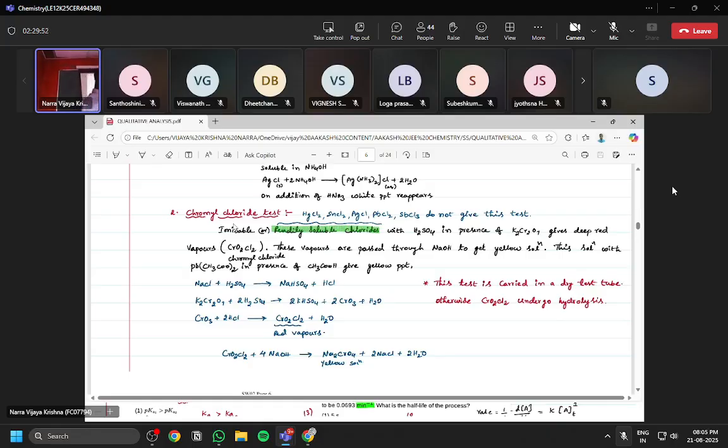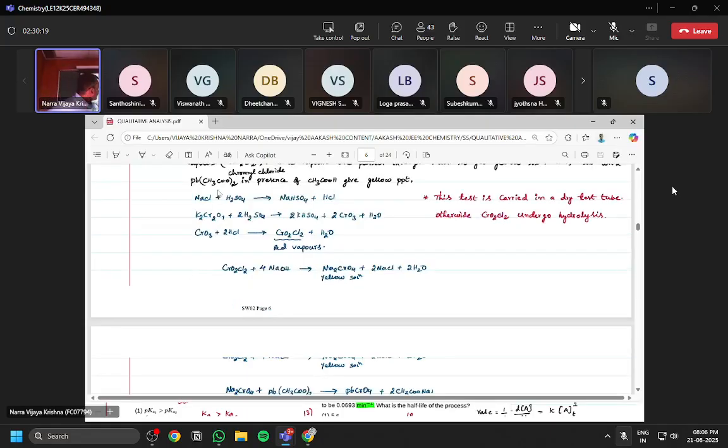This solution with lead acetate gives yellow PPT, which confirms chromyl chloride. HgCl2, SnCl2, AgCl, PbCl2, SbCl3, all these will not give the test. Reason? They are not soluble in water. If they are not soluble in water, they will not give Cl minus ions. So those will fail, right? Whichever gives Cl minus ions readily, only they will give the chromyl chloride test.